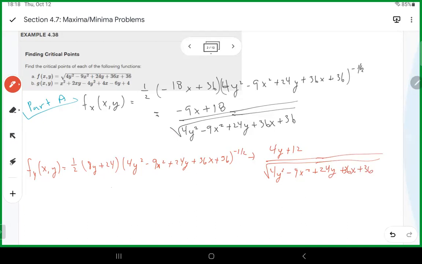All right, so the next step we're going to do is we're actually going to set them equal to 0. Then we multiply each equation by its common denominator, and we're going to end up with our negative 9x plus 18 equal to 0, and our 4y plus 12 equal to 0.